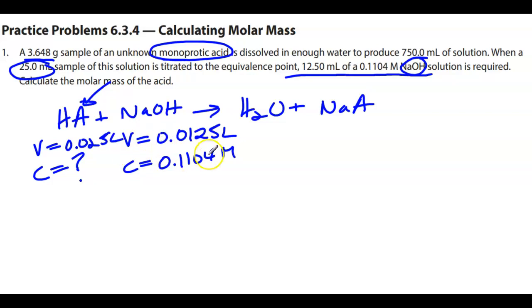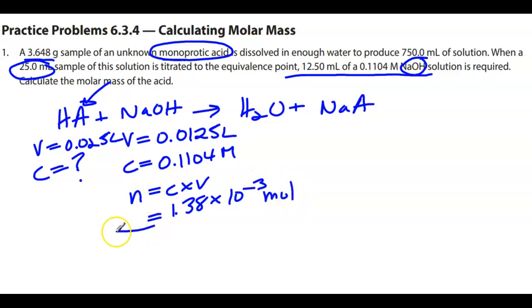So let's take a look at this. This portion here is going to be like normal, like what we've been doing all along. The different part is going to be at the end of this. So moles of NaOH, we do C times V, which is going to end up being 1.38 times 10 to the negative 3 moles. This is a 1-to-1 ratio. So our moles we have.